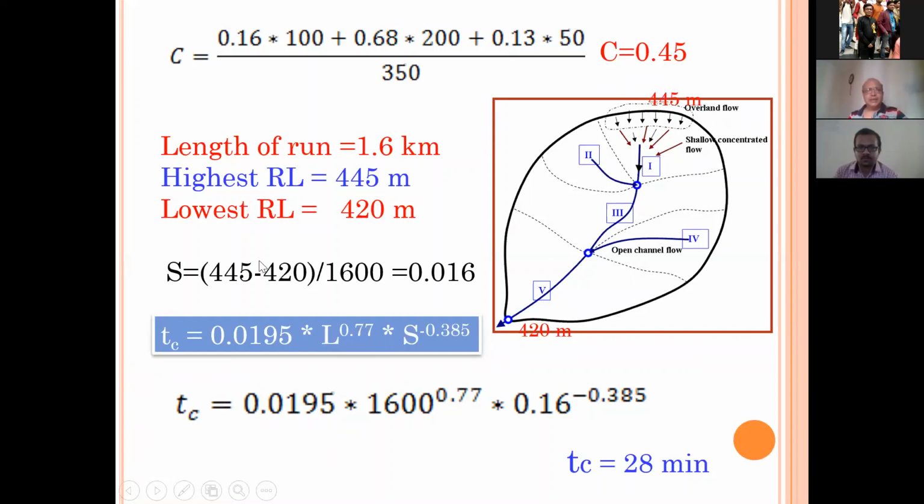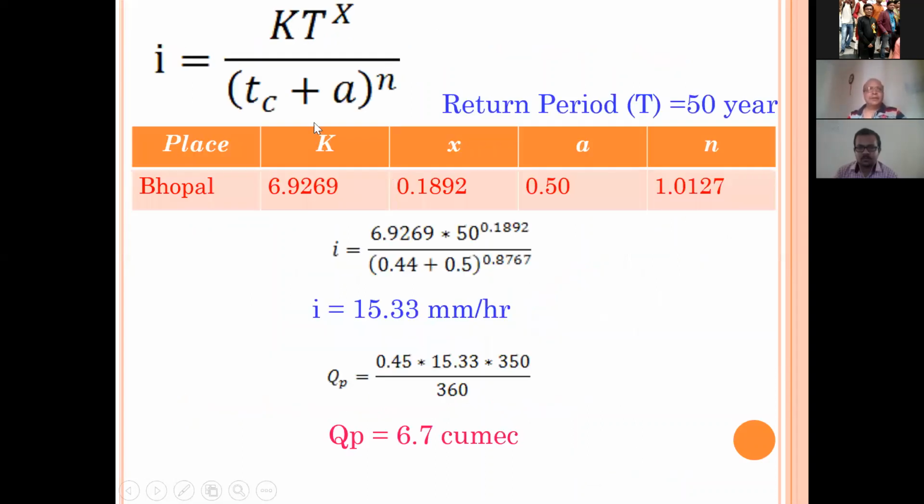Then we can determine S with this. Then time of concentration TC is 28 minutes using this equation. Then I can be determined with this equation. So I has come out as 15.33, and then we can determine QP like this.